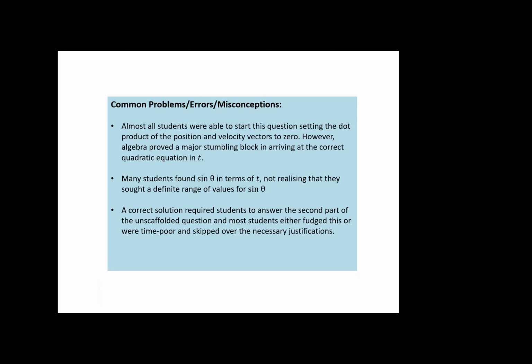Many students found sine theta in terms of t, not realizing that they sought a definite range of values for sine theta and then subsequent values of theta. The correct solution required students to answer the second part of the unscaffolded question, and most students either fudged this or were time poor and skipped over the necessary justification.